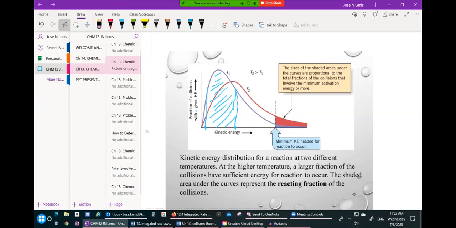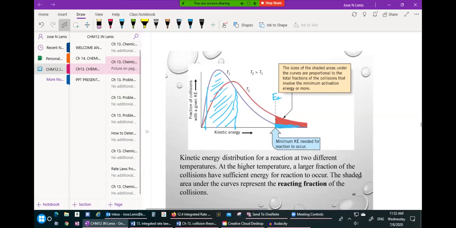The area under the curve here shows the fraction of molecules that reach the minimum kinetic energy for the reaction to occur. And this minimum energy needed for the reaction to occur, which is a kinetic energy, is what we call the activation energy.